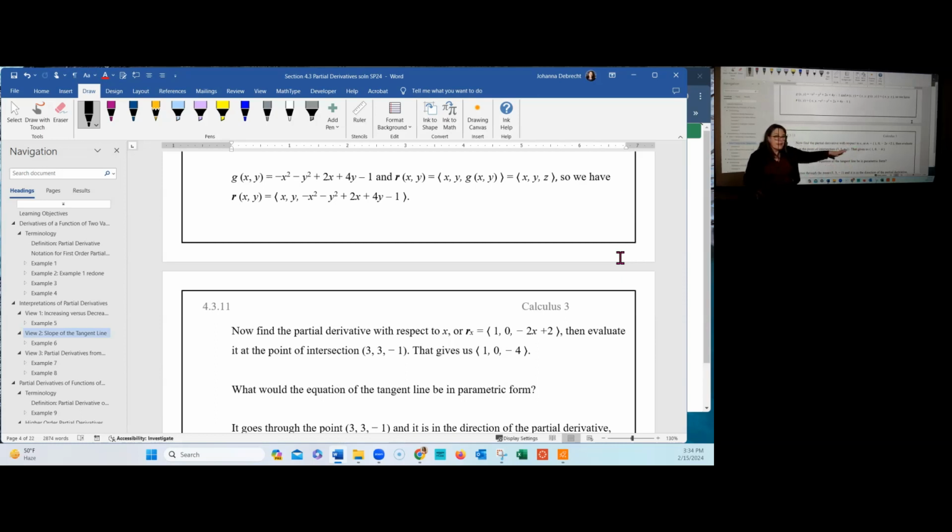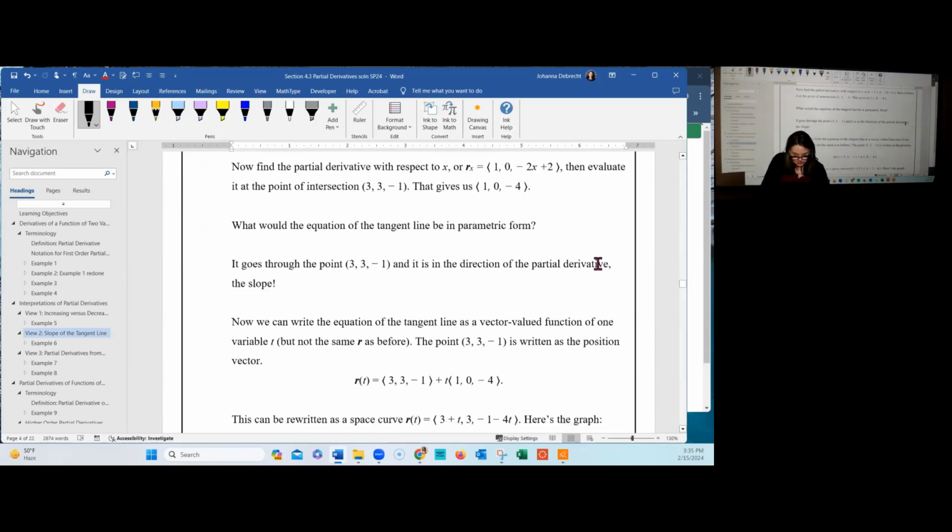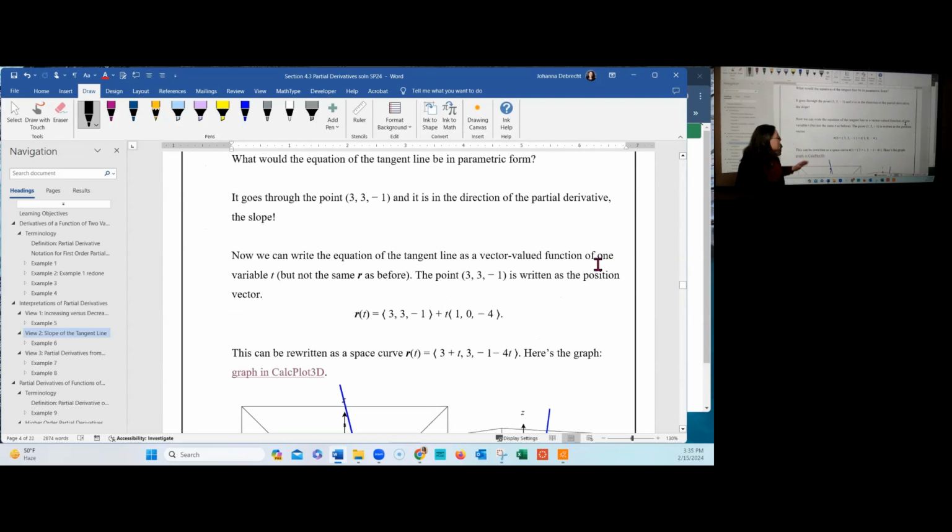Now, how can I plot that information? Again, what we want to do is create a space curve, a vector valued function, but not of 2 variables this time, just 1 variable, a parameter t. So what we do is we write r of t, not the same r of x and y as before, as the position vector of the point, the vector (3, 3, -1), plus a parameter t times the direction vector (1, 0, -4).